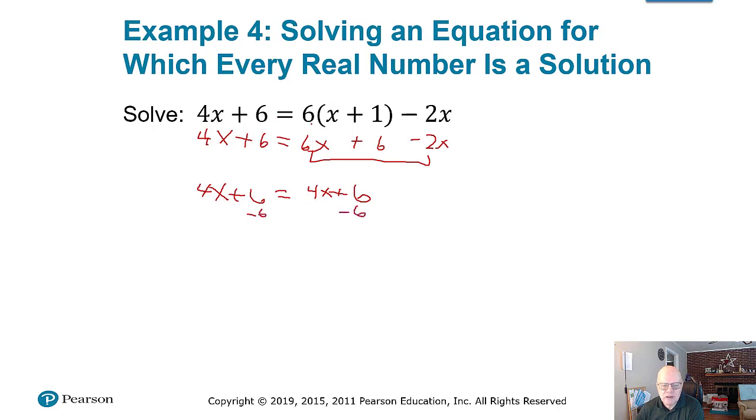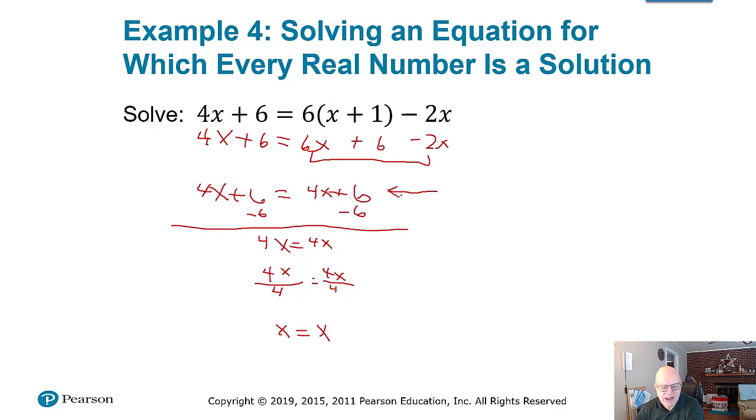Remember, we double check, did I do everything right? Yes. So what would that give us? 4x equals 4x. If we followed our instructions as before, we'll divide both sides by 4, so we can get just x. And what do I get? X equals x, which we could have figured out up here because it looked like it was exactly the same.